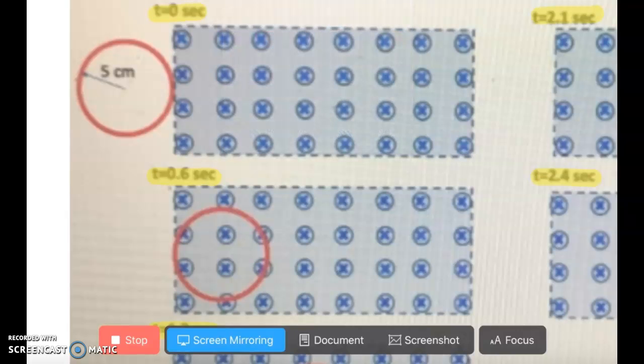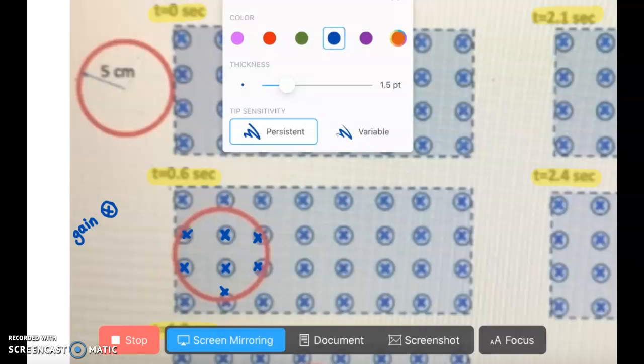Suddenly, I am feeling all of these little X's of the magnetic field inside of me, and I do not like this change. I want to resist this change. So I feel a gain in magnetic fields that are going into the page, and I want to somehow resist that change. I want to compensate for it.